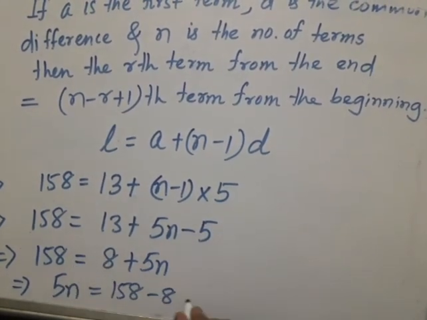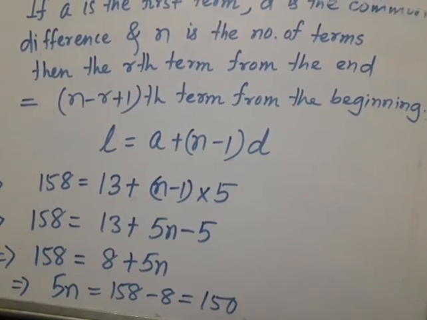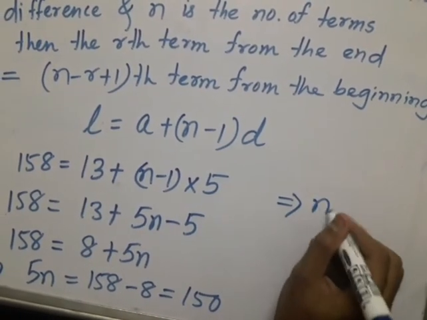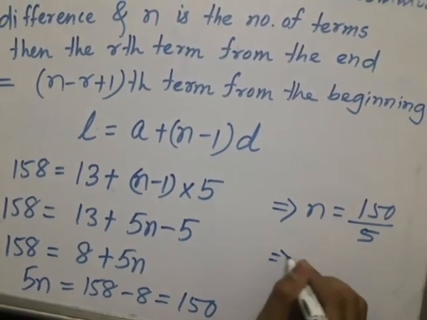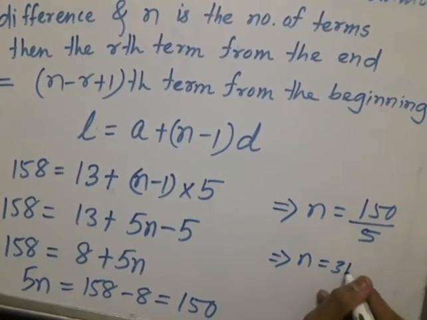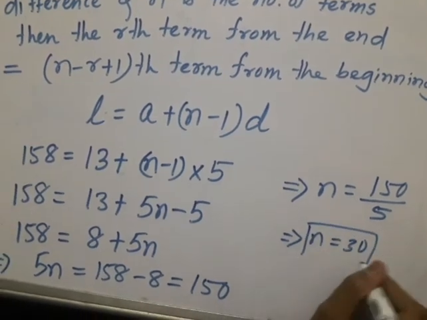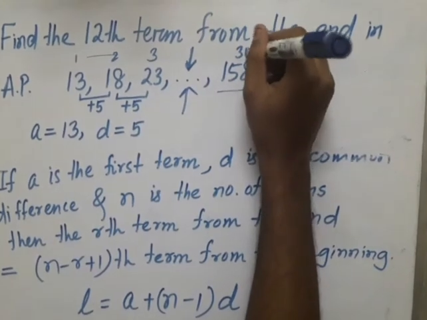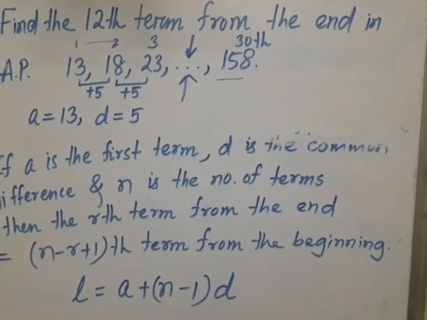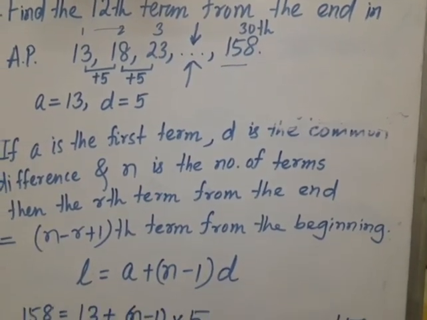The 8 goes to that side, which equals 150, which implies n is equal to 150 divided by 5, which gives us n equal to 30. So this 158 is the 30th term of this particular sequence.